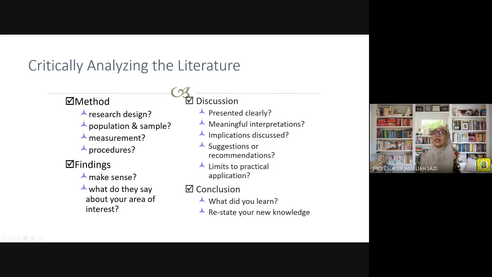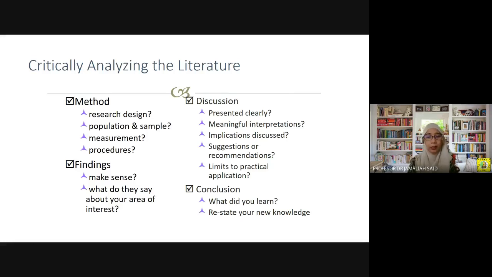Critically analyzing the literature review, when you read, you look at these items: method, findings, discussion, conclusion. You look at the methodology, the research design, the population, the measurement, the procedure. That's why after this, I will show you how to prepare a literature review using a table format.